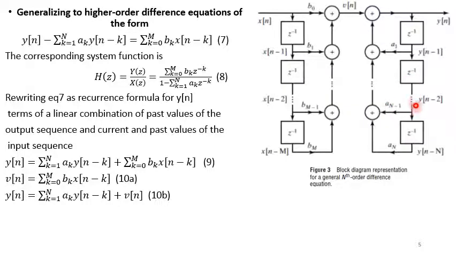To generalize, we have y of n minus capital N scaled by a N, and we take the summation of all. This is how we can generalize the block diagram representation up to the Nth order.